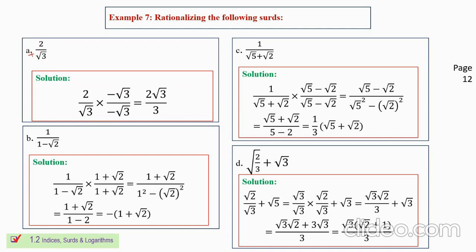The reason is that when you simplify this, it is 1. You cannot just multiply by negative surd 3 at the denominator, because that means you are adding negative surd 3 into your question.